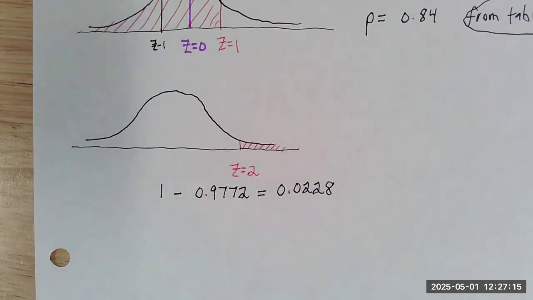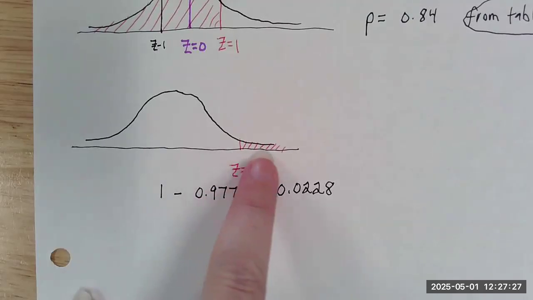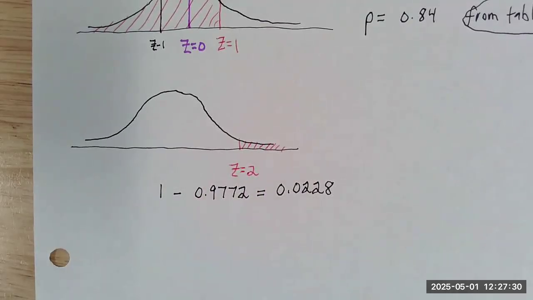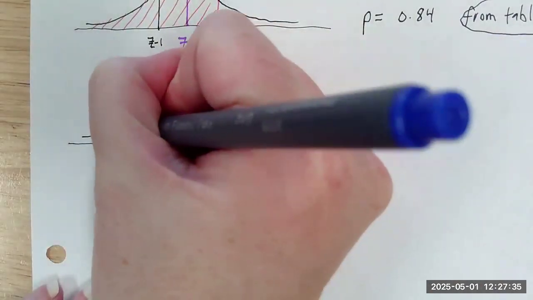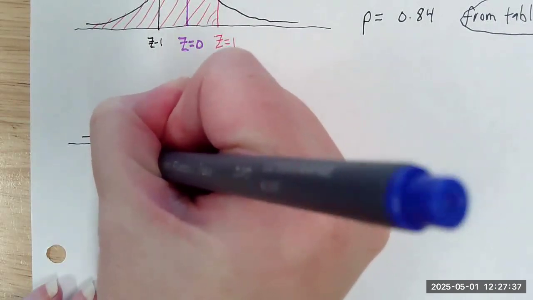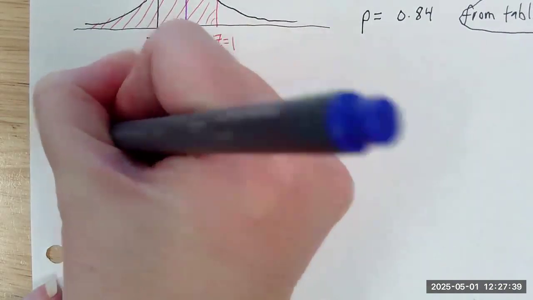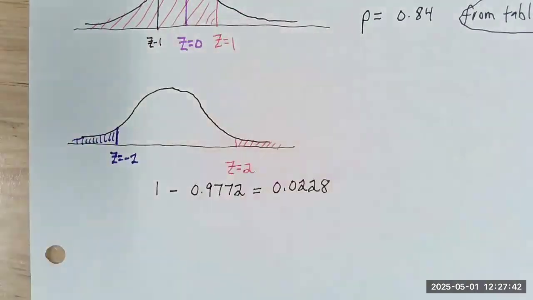The other way we could have done this, if I'm talking about areas, the normal distribution is symmetric, which means it's the same on one side as it is on the other, right? So if I wanted to know the area from here to here, if I didn't want to take the complement, I could do this other trick and find the area just up to z is equal to -2, because the area for this tail should be the same as the area for that tail because it's symmetric, right?